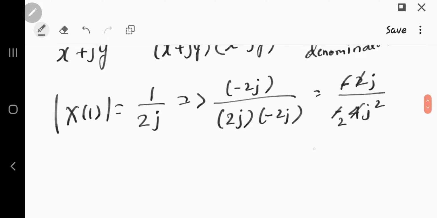So you will remain with j in the numerator and j square in the denominator. Now the value of j is square root of minus 1, so j square will be minus 1.